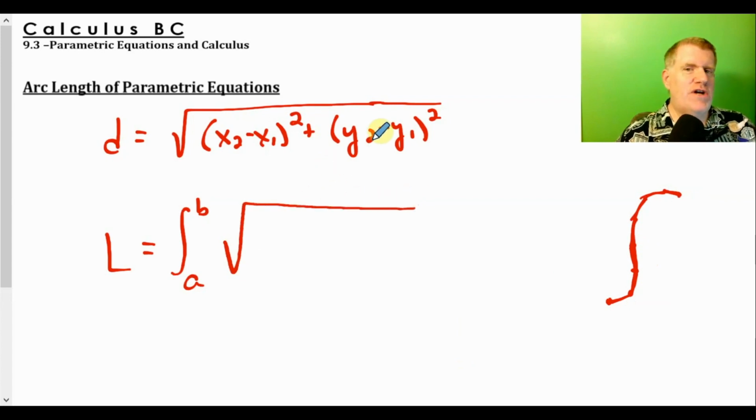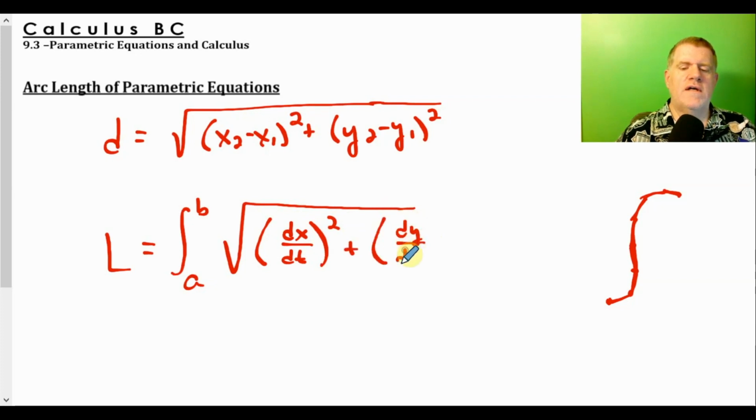But I want you to think about it. If you have a parametric, remember, x's and y's are defined as another variable of t. So your distance of x is just defined as this, and your distance of y is defined as that. This is your arc length formula.